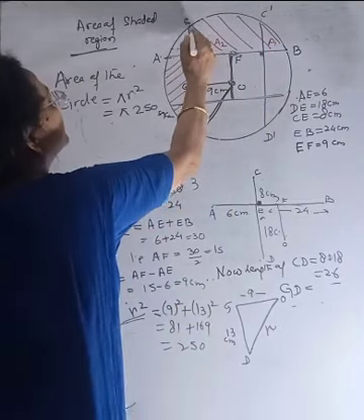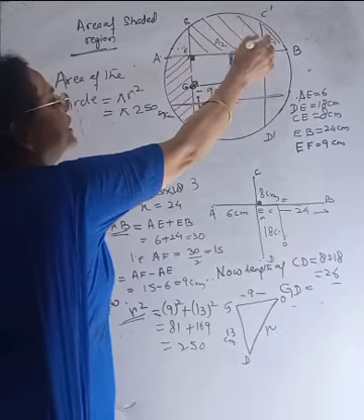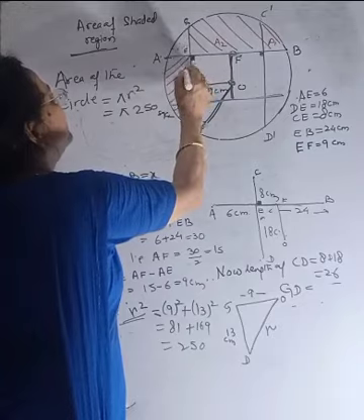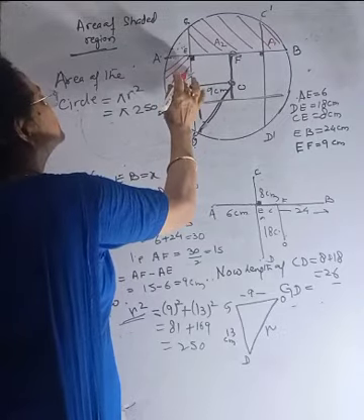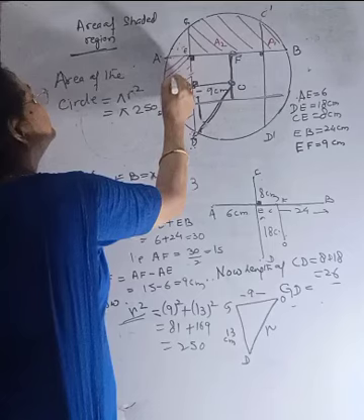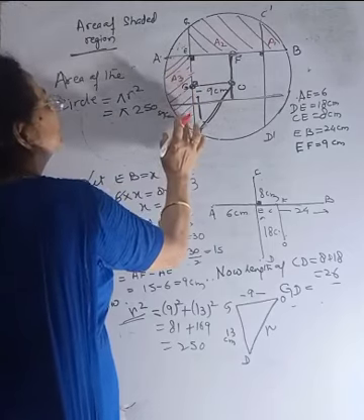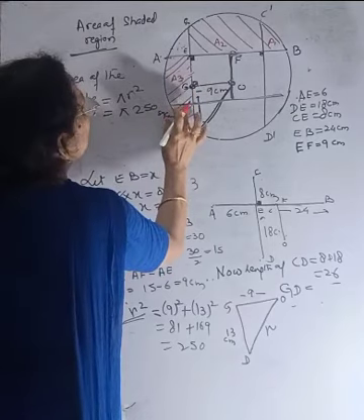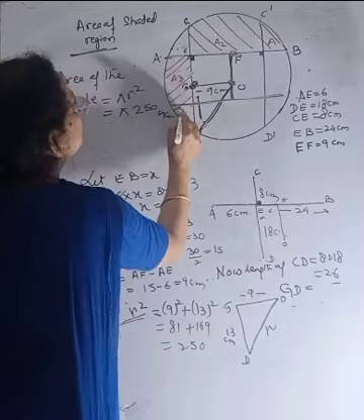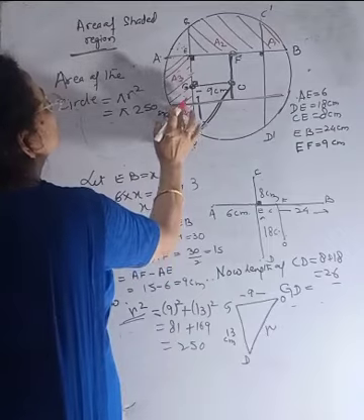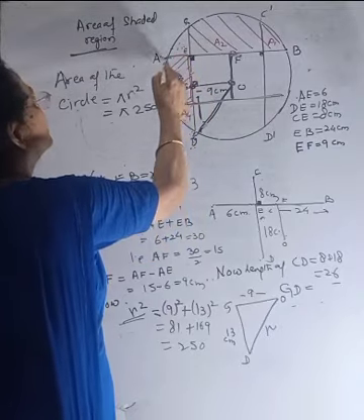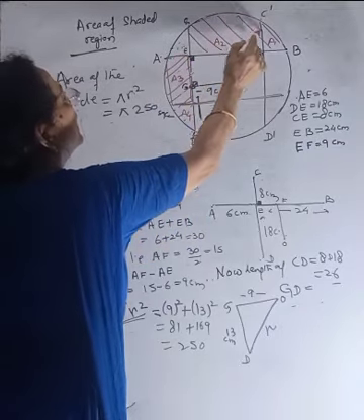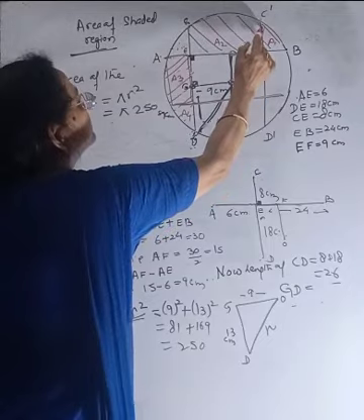This is the area of the shaded region, and this is A3, and this portion is A4. It means this portion is A3, this is A2, and this is A1.